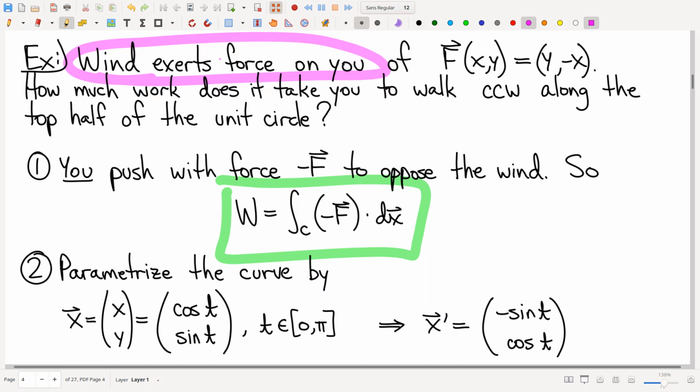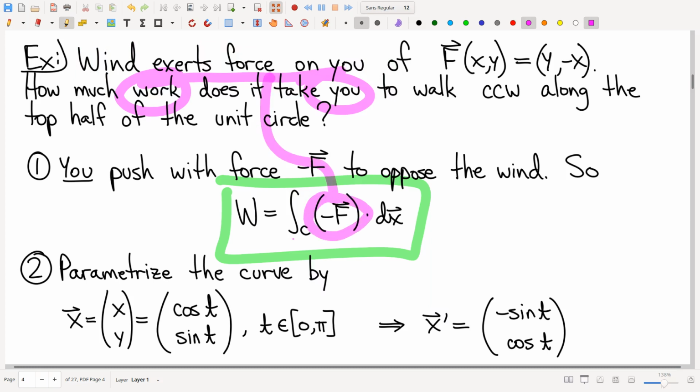So now, the question I've been asked is about the work that you exert. So if we want to know the work that you exert, then we need to make our integrand the force that you are pushing with. The wind is pushing with this force F. You are opposing it. You are pushing with force minus F. Does that make sense to everybody?